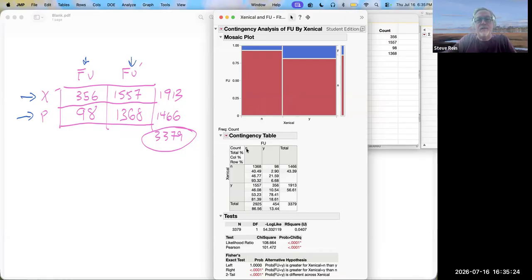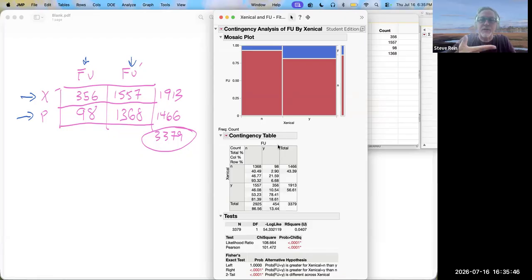Yay. This contingency table, the way we sort of presented it, it might be a little bit backwards. It's got Xenical no, which we had in the second row, and Xenical yes in the first row. And it also swapped the ordering of no and yes. So that's because it's alphabetical.